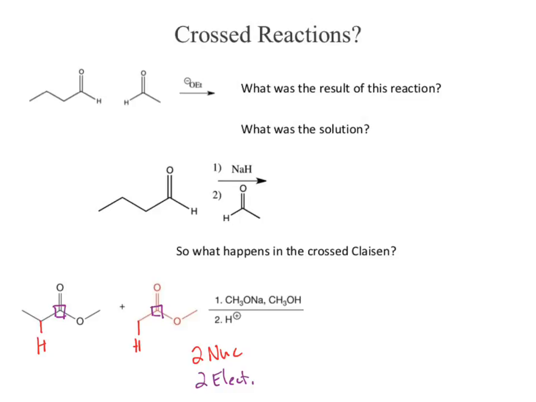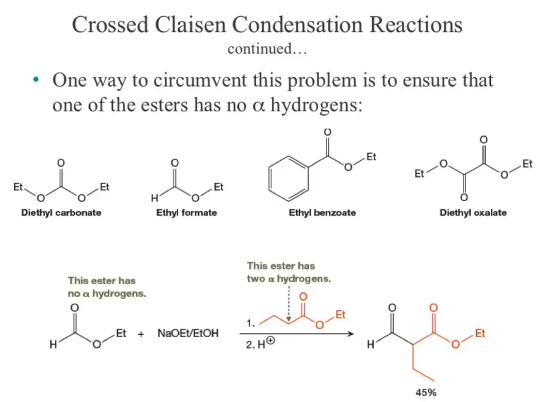Like sodium hydride, the base we just looked at. So, get rid of the alpha hydrogens. We've got a bunch of different structures up there that are great for no alpha hydrogens. Two of which should look incredibly familiar to you guys.